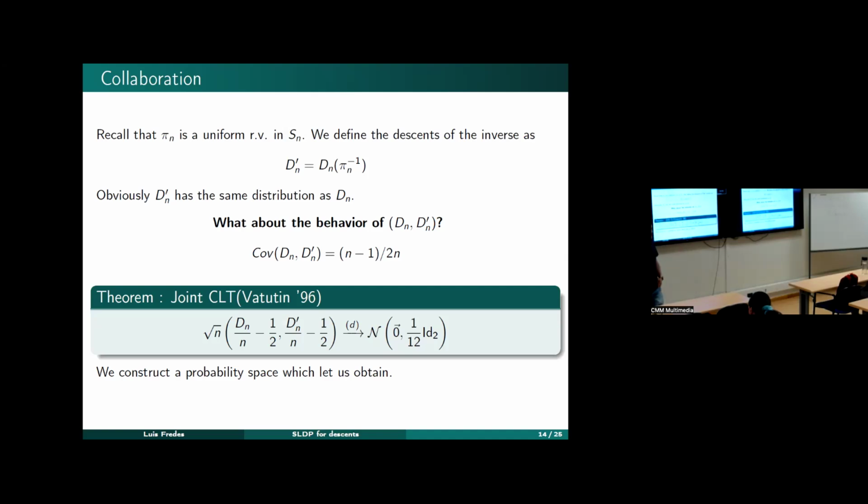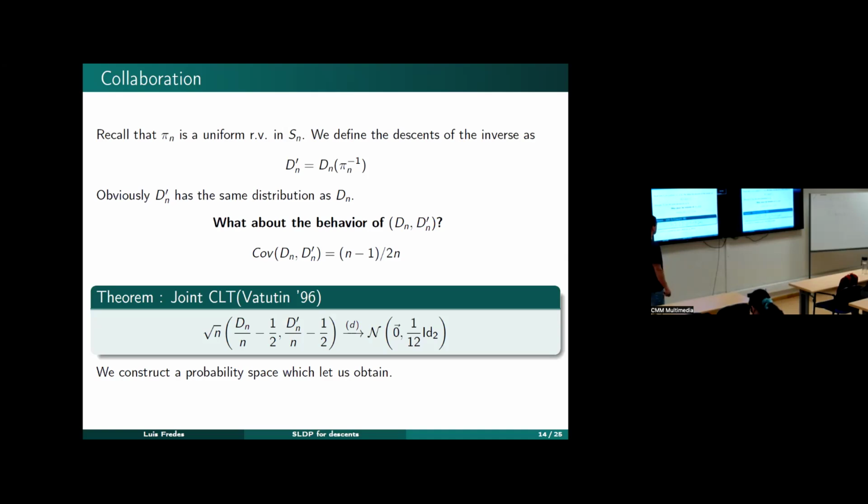The joint CLT says, if you apply the same idea as the CLT in one dimension but take two coordinates, it will converge to a bivariate normal random variable, which has the identity as covariance matrix, because they become independent of each other.